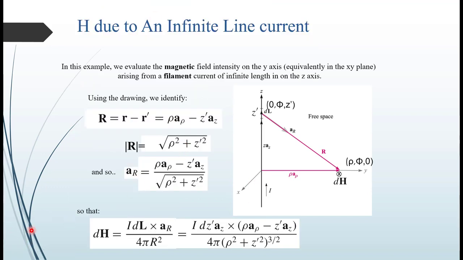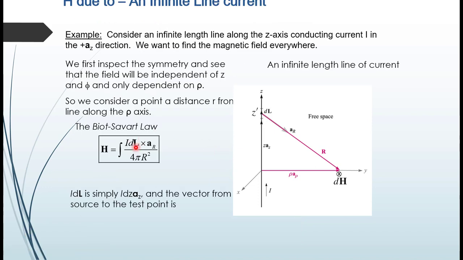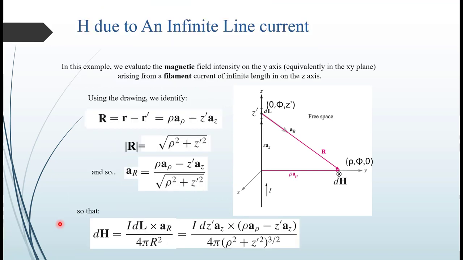Now what does the formula state? It requires the I dl element. We already know this one, we can place it here. What is aR cap? That we have to find out, and what is R square? That we have to find out. And this integration should be from minus infinity to plus infinity. So what is R bar? R bar is the distance between the point where the current element is present and the point where we want to find the intensity.